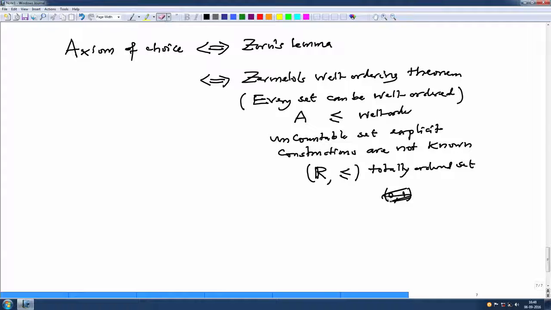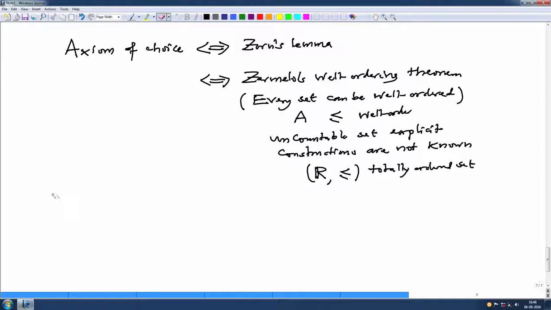Even if you take the whole set of real numbers, there is no minimum. So the usual order is not a well order. But Zermelo's theorem says that there exists a well order on R; how to explicitly construct it is not known.